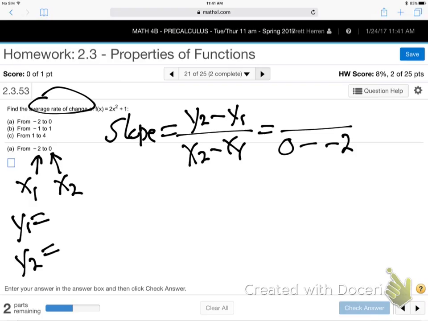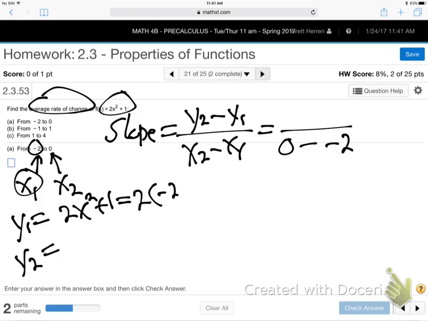You plug them in. You plug in x1, -2, into that function, 2x squared plus 1. Plug in -2, and you get, what is that? Squared up, 4, 8, 9. That's y1.